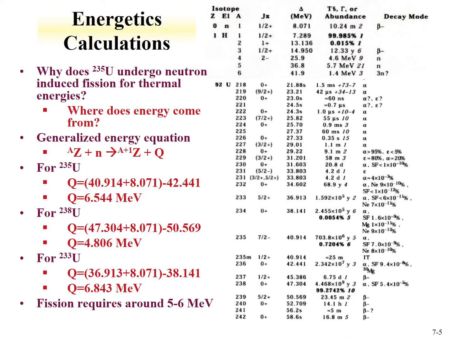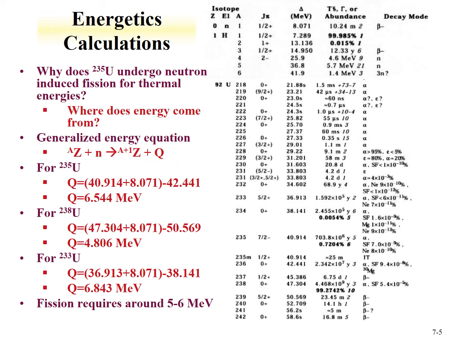We can demonstrate some of the energetics involved in these neutron pairing energies from Q-value calculations. As we see here, we can have a reaction where we take an isotope, add a neutron, and we get A plus 1 plus E, or the Q-value.